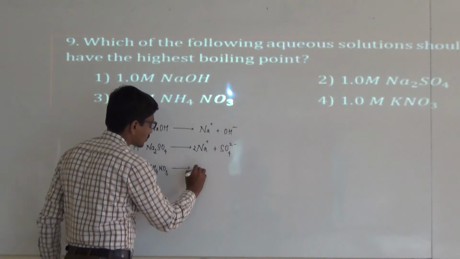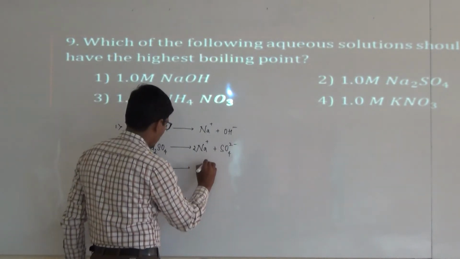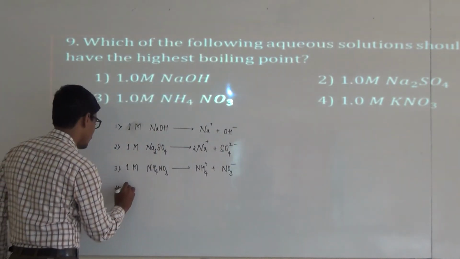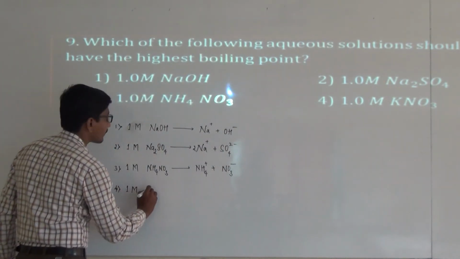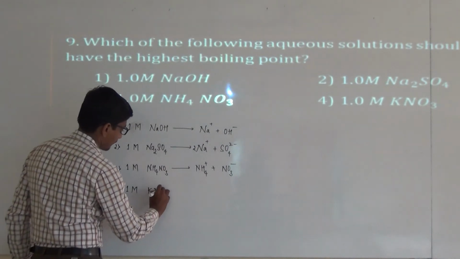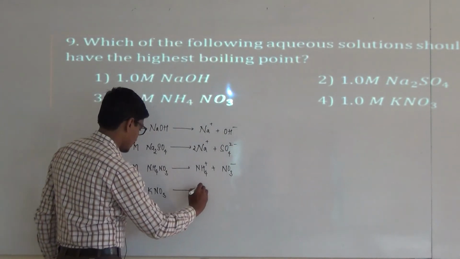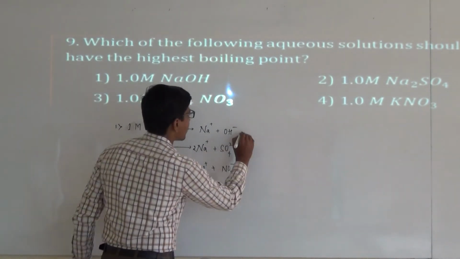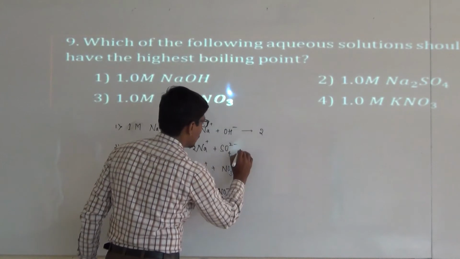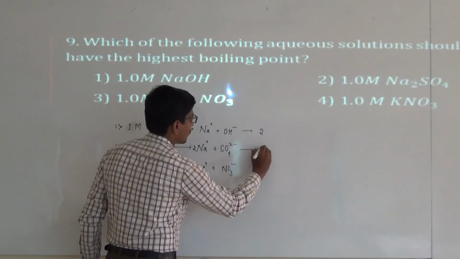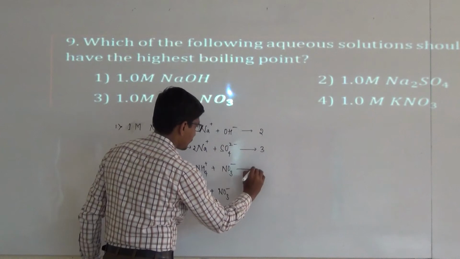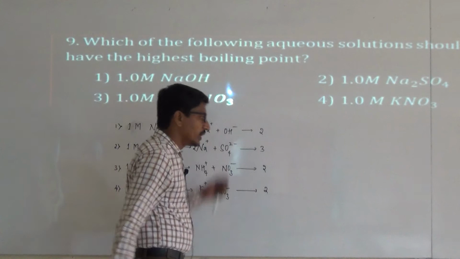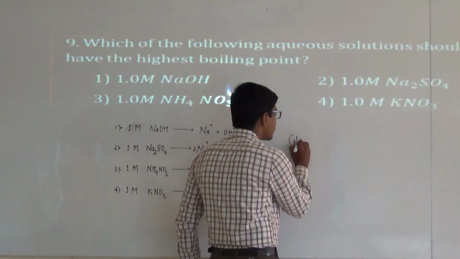Ammonium nitrate dissociates into NH4+ and NO3-, and the last one is 1 m KNO3. This dissociates into K+ and NO3-. The number of particles in the first is 2, in sodium sulfate it is 3, in ammonium nitrate 2, and in potassium nitrate also 2.